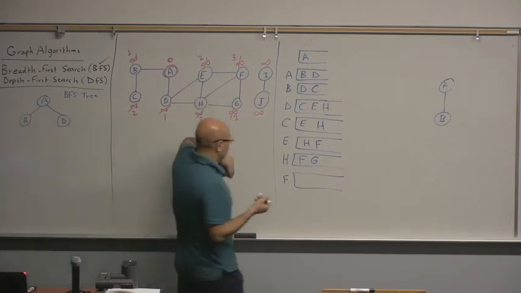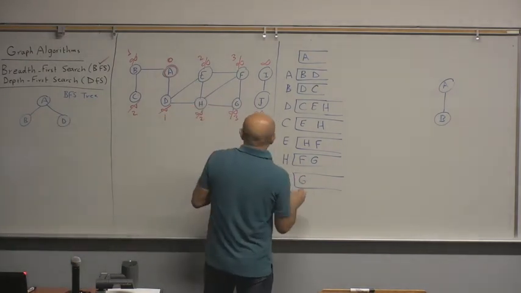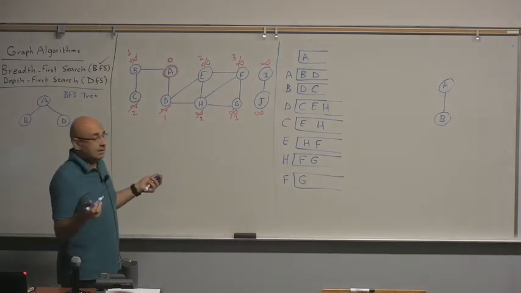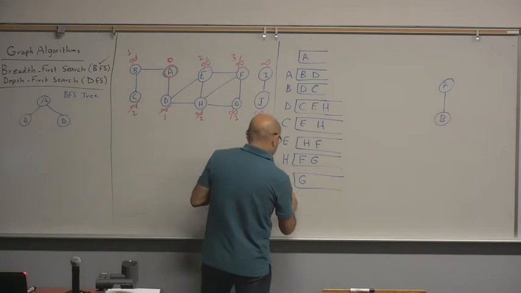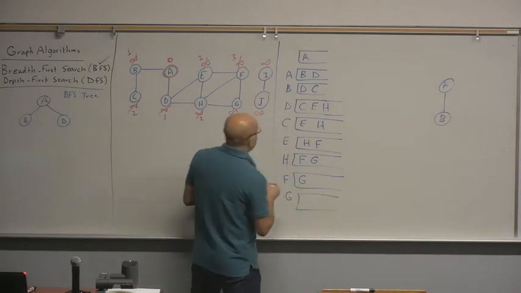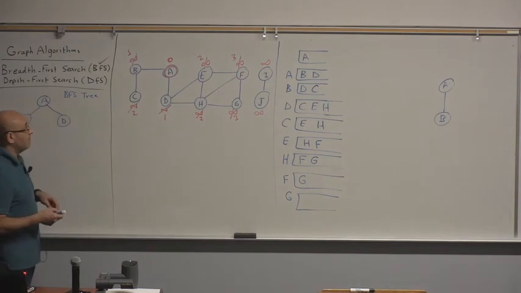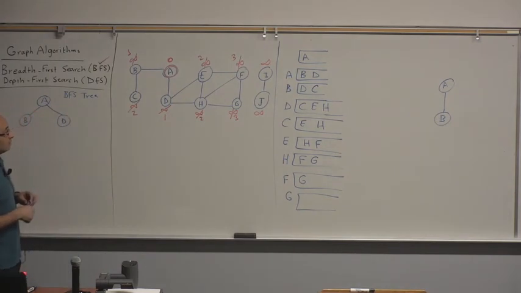All the neighbors have been visited, so I put nothing. Then I put the neighbors of G that have not been visited, and there aren't any, so I don't put anything. Okay, so this is the BFS, the breadth first search.